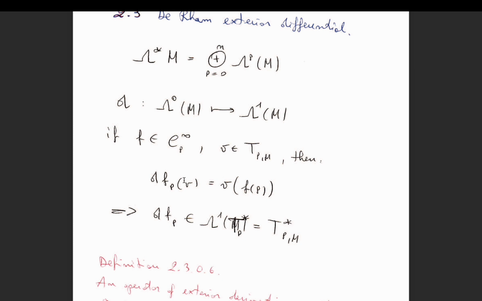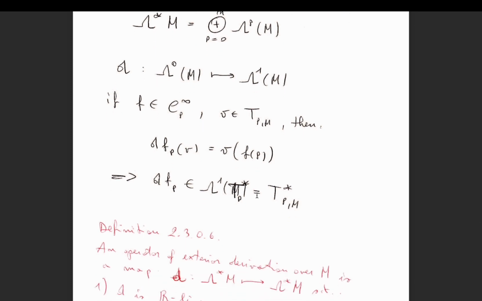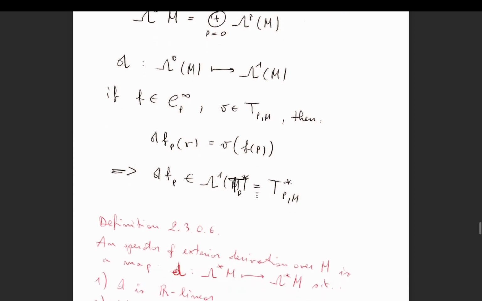So we have the action of the derivation v over the germ of the smooth function f. Obviously df_p is actually an element of the dual space of the tangent space, so it's an element of T star p M.